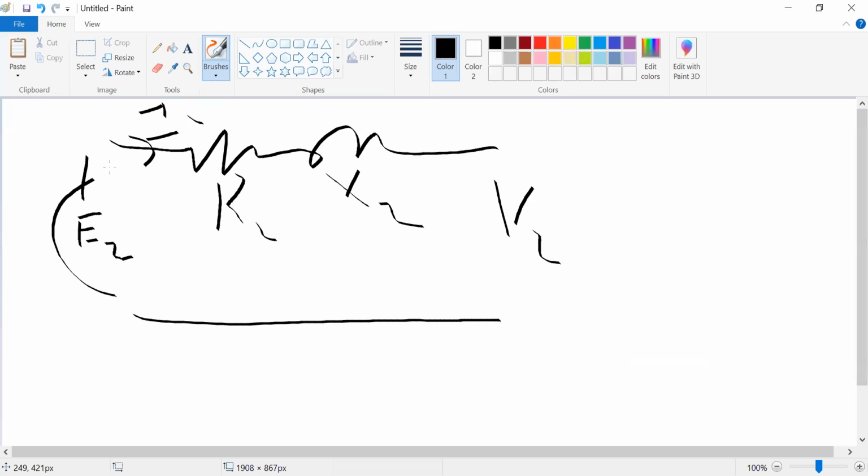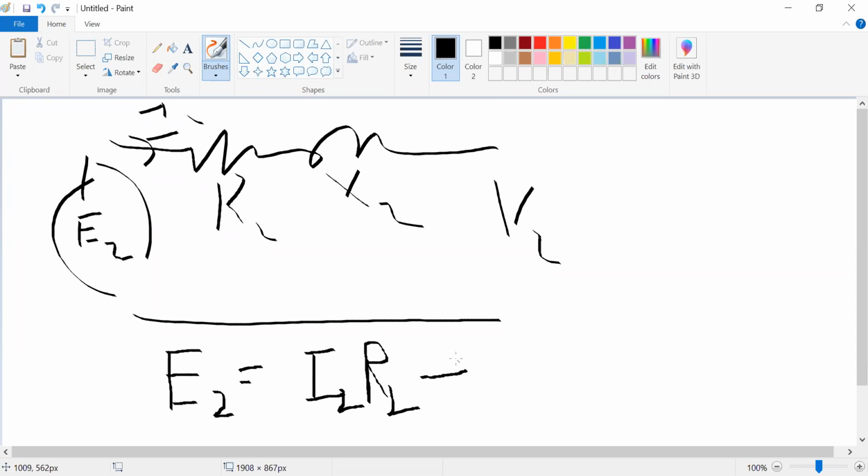Here E2 is the source, so source voltage E2 equals the resistance drop I2 R2 plus the reactance drop I2 X2 plus V2.